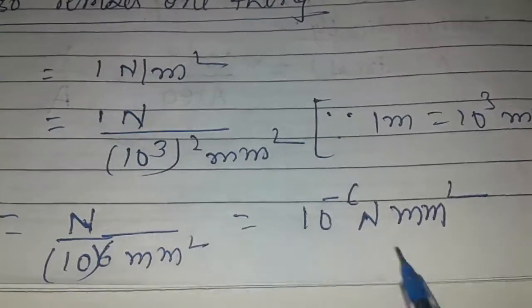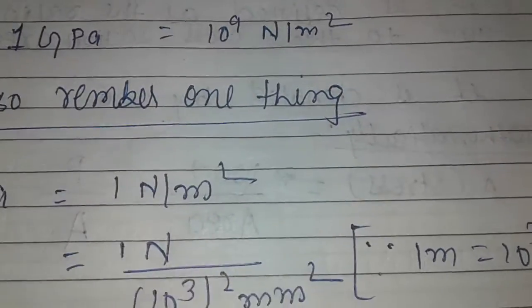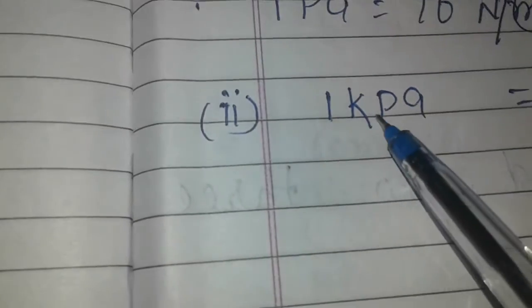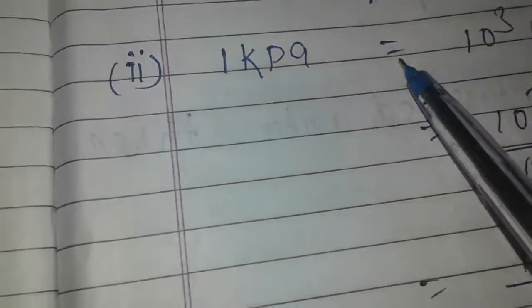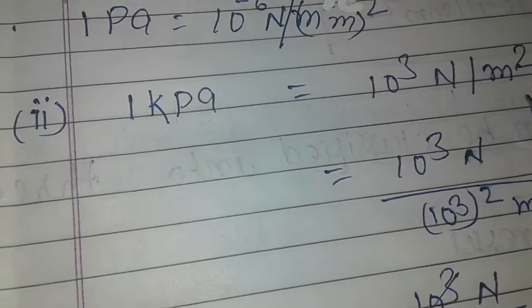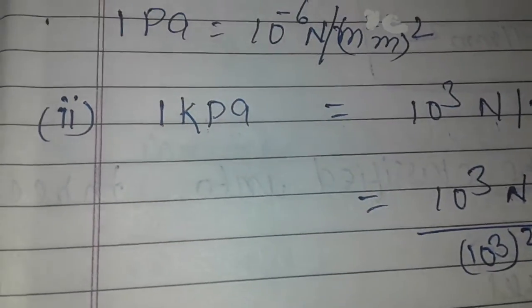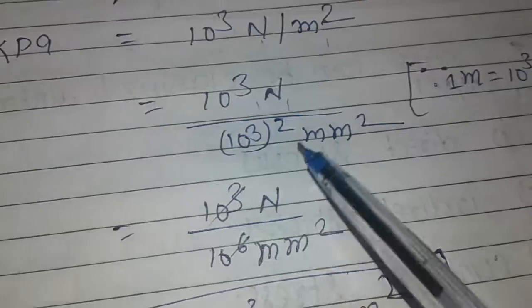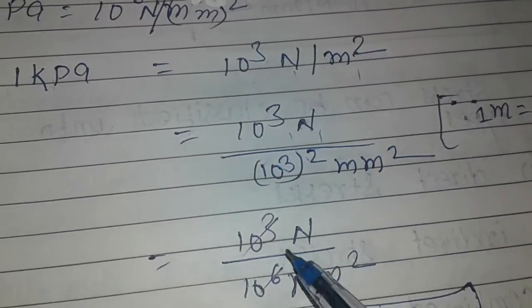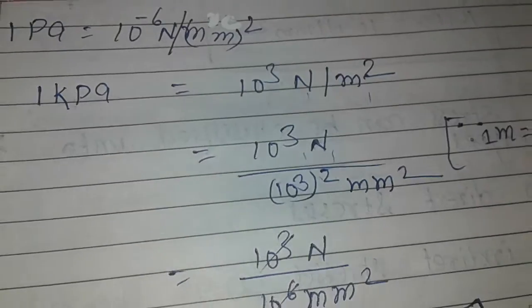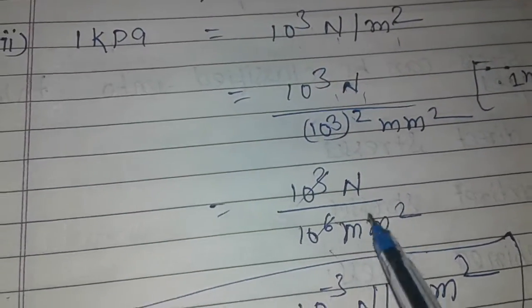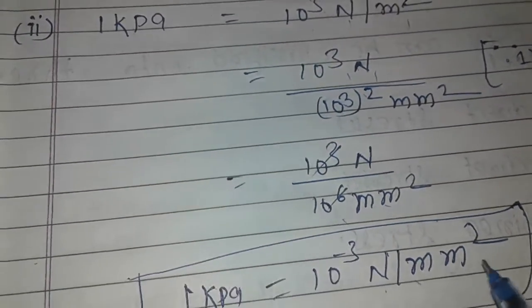Then 1 Pascal is equal to 10 to the power minus 6 Newton per mm square.